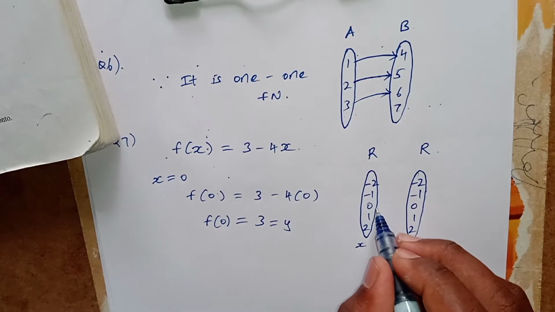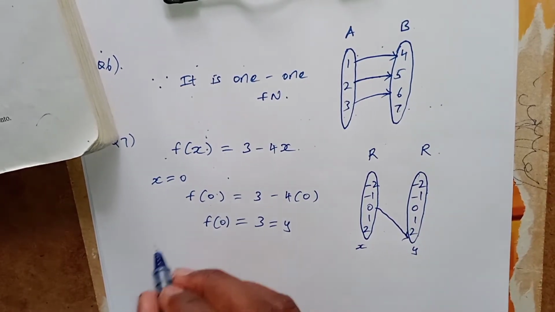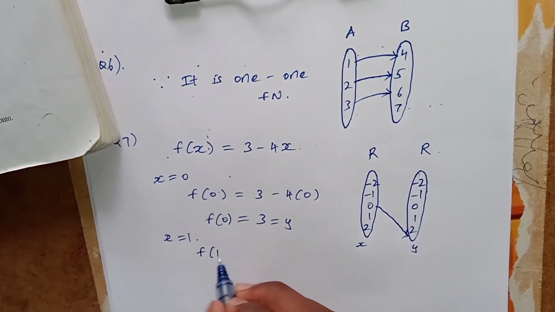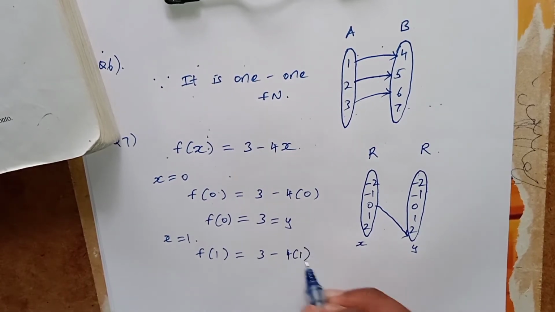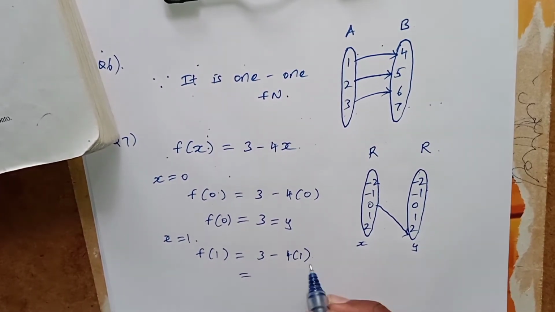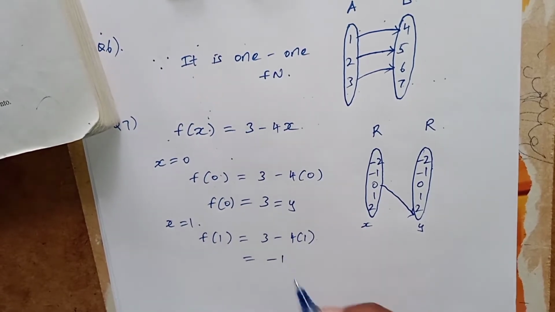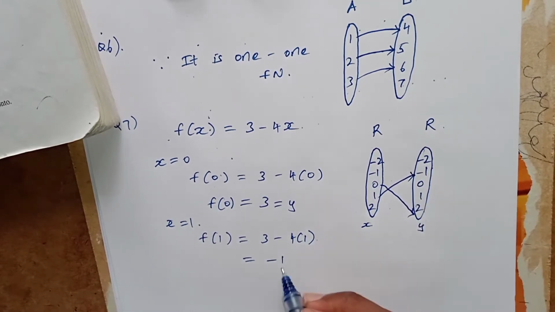For 0, here it is 3. Next, I am taking x equal to 1. f of 1 equal to 3 minus 4 ones are 4. If you subtract, put the greater number's sign, -1. Therefore, f of 1 equal to -1.